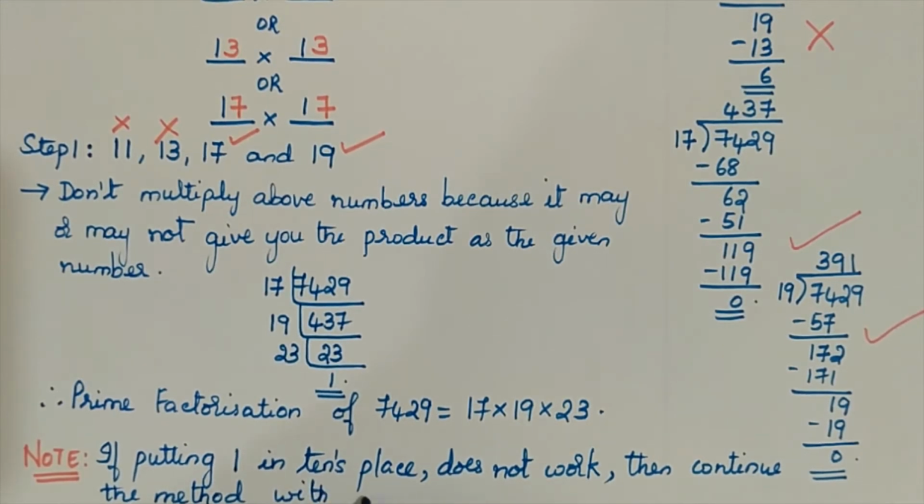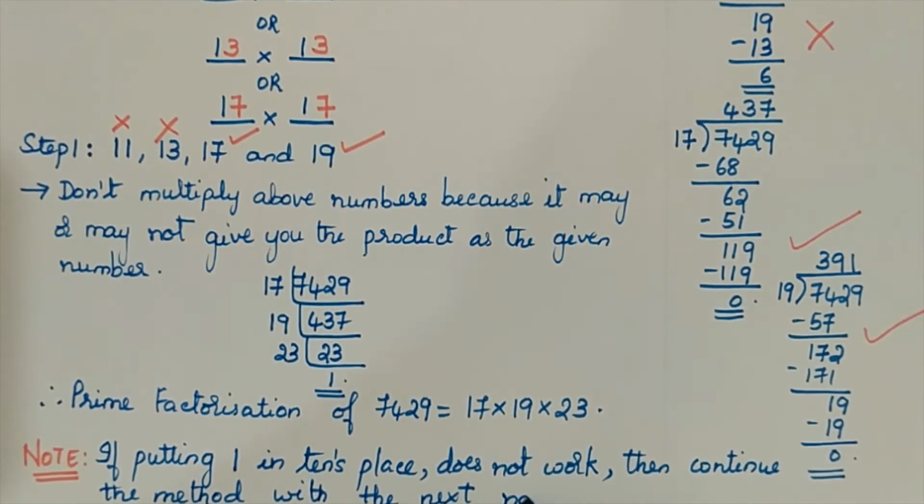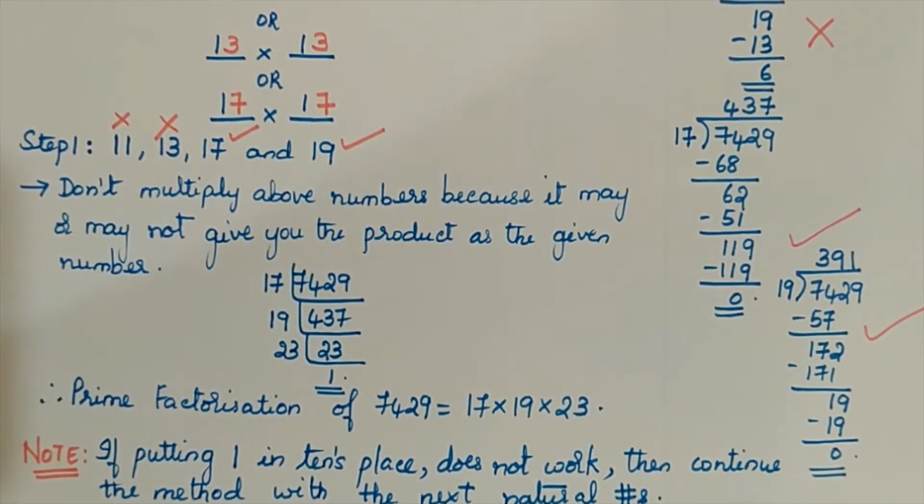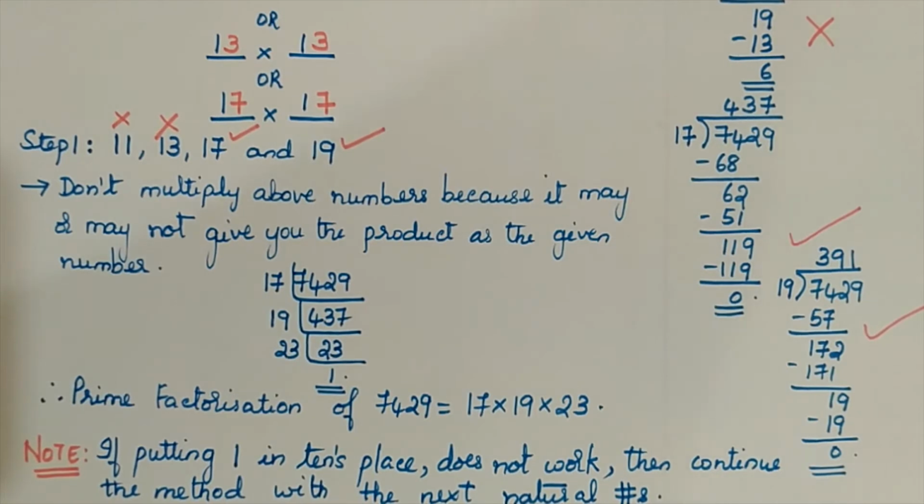If putting 1 in the tens place does not work, then continue the method with the next natural numbers.